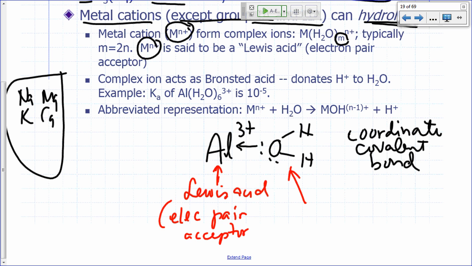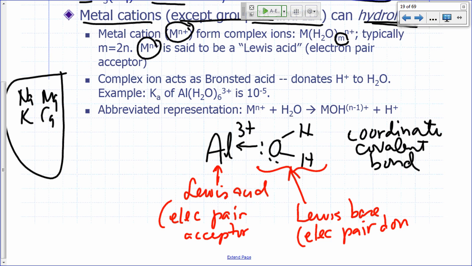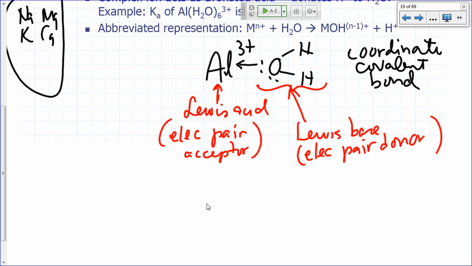And this water, you call your Lewis base. This is your electron pair donor. So your electron pair acceptor is classified as an acid in the Lewis definition of acids and bases. This is also known as an electrophile.